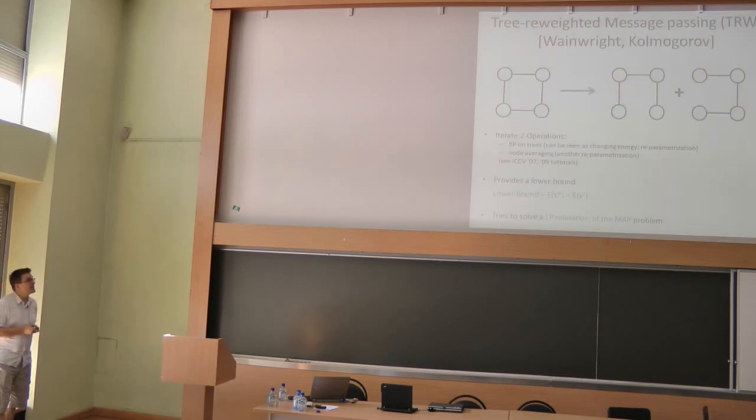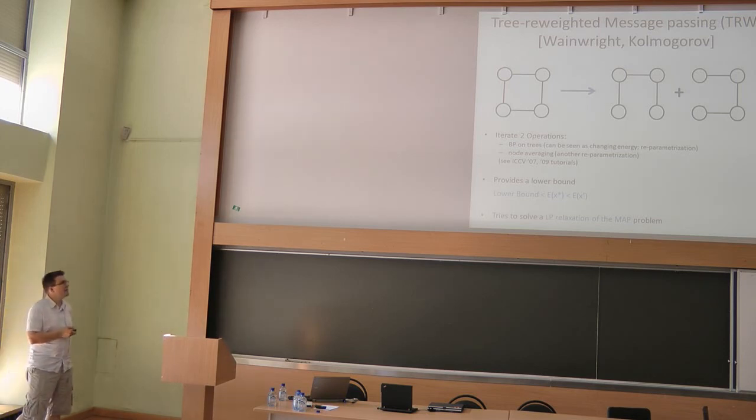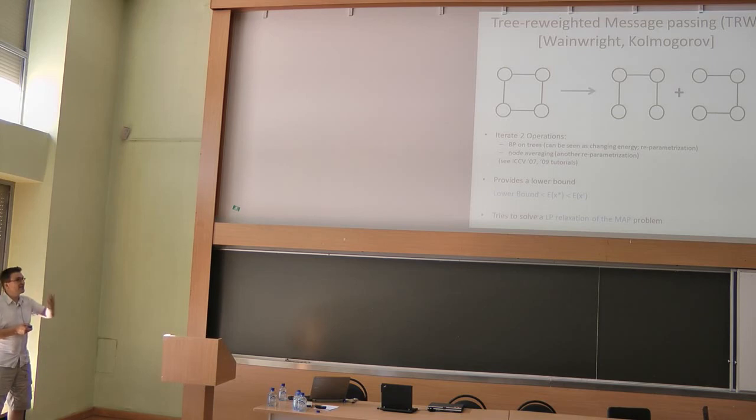So then TRW is also another variant of message passing, and I will explain it in a bit more detail later when we come to problem decomposition. It's called tree reweighted message passing. It goes in the following way. You have your graph here and you split it into trees. The main question is how do you split it into trees?